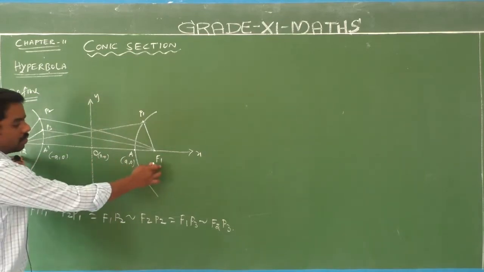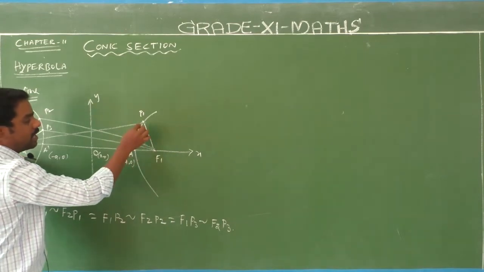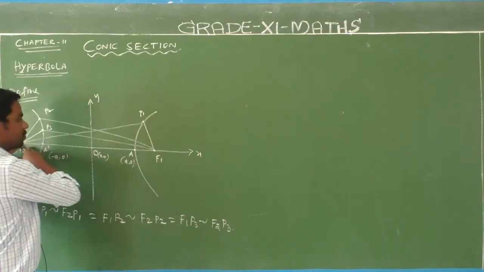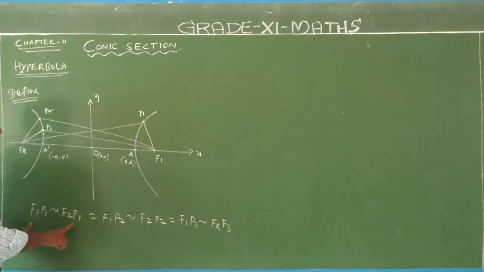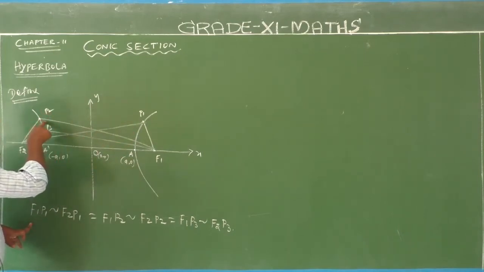The difference between the distances from P1 to F1 and P1 to F2, that is F1P1 minus F2P1, is equal for P1, P2 and any other point on this curve.